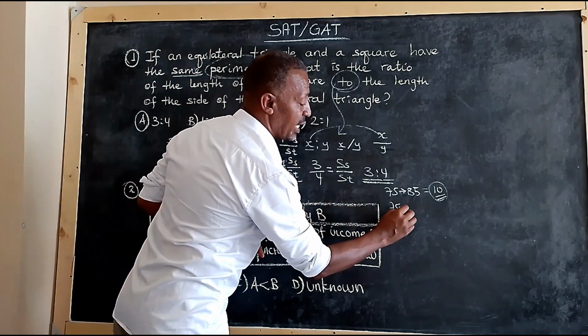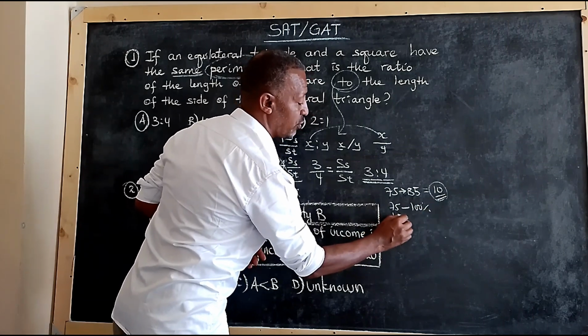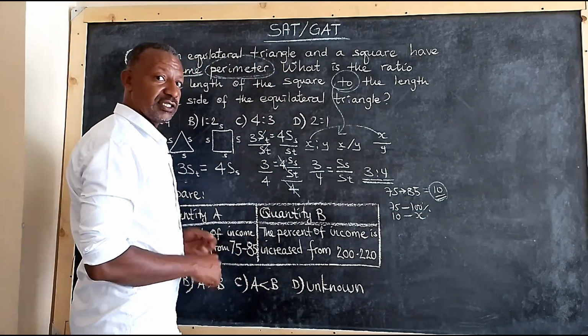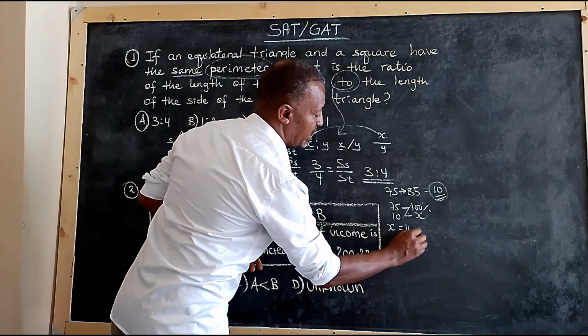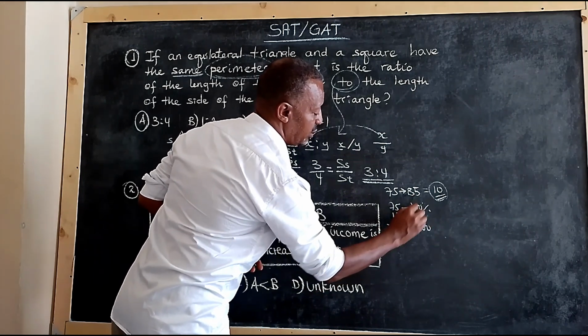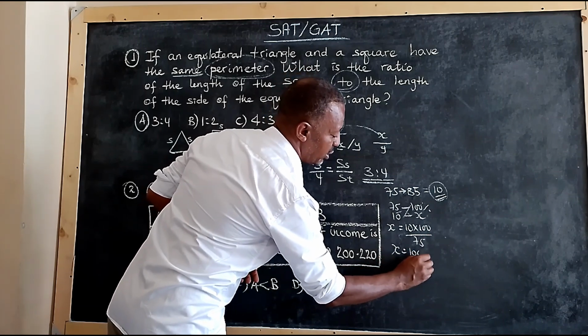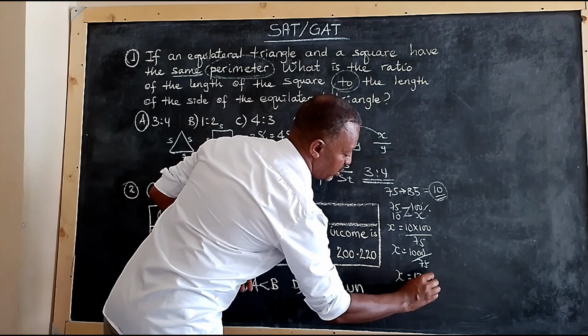The original salary was 75, which is supposed to be 100%, but he got an increase of $10. Substituting the variable x, the increase x is equal to 10 times 100 over 75. Then x is equal to 1000 over 75. This is going to be 13.3%.